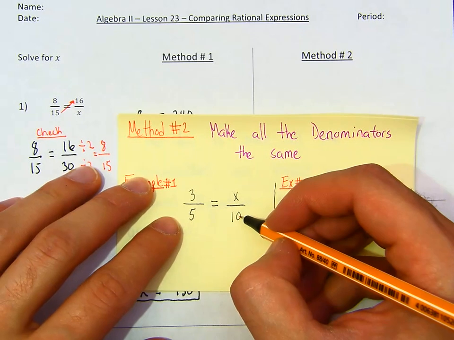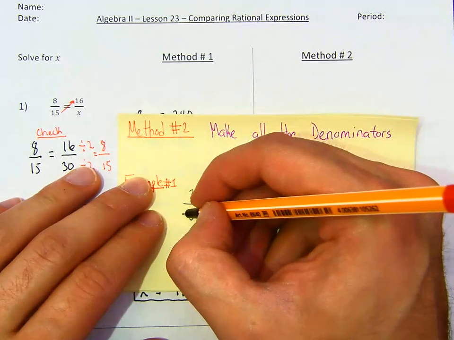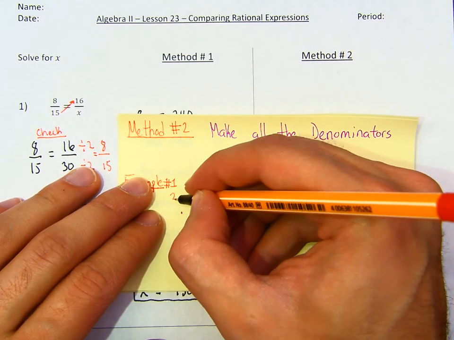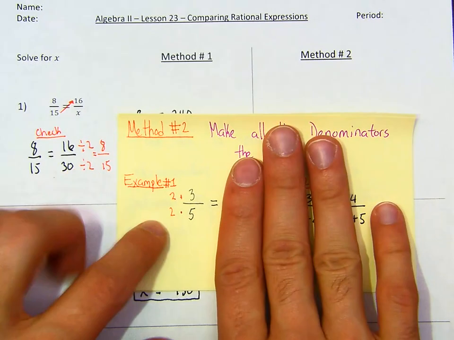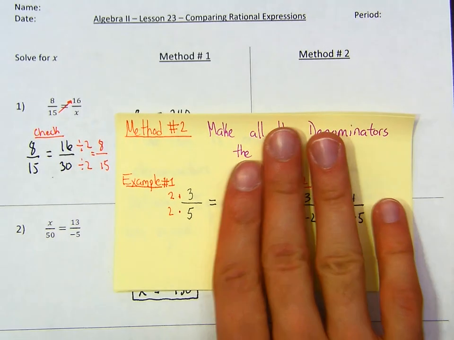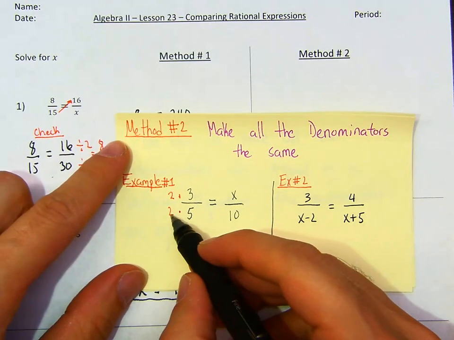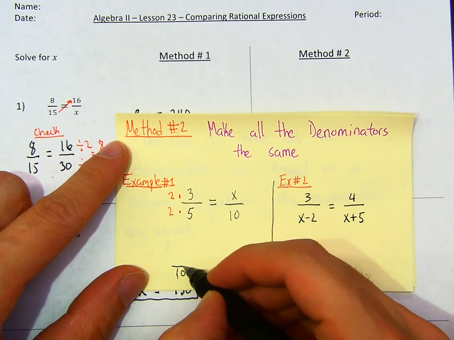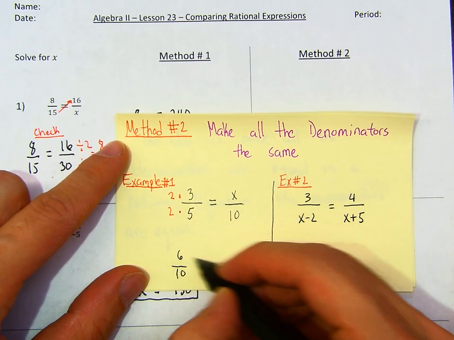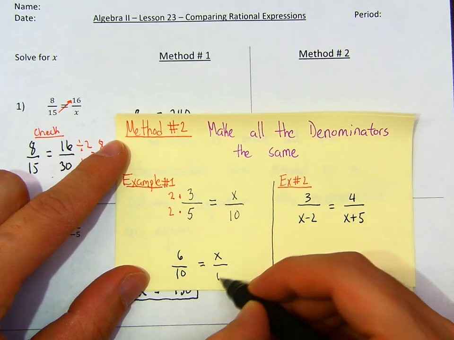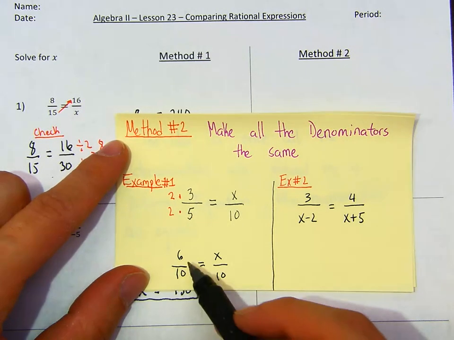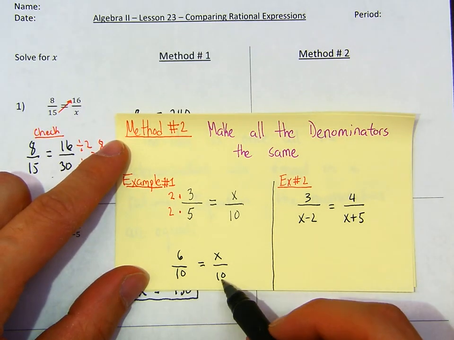The idea is I want to multiply the top and the bottom of just this side by 2. So notice that 2 times 5 is 10, and then 2 times 3 is 6. Now I have 6 over 10 is equal to x over 10.